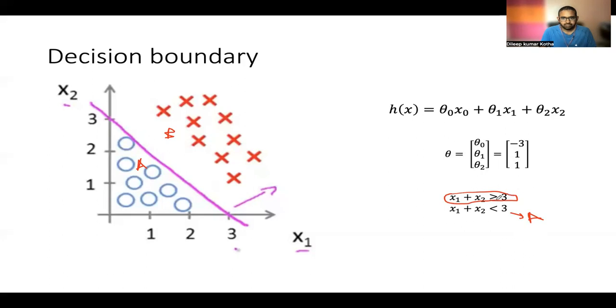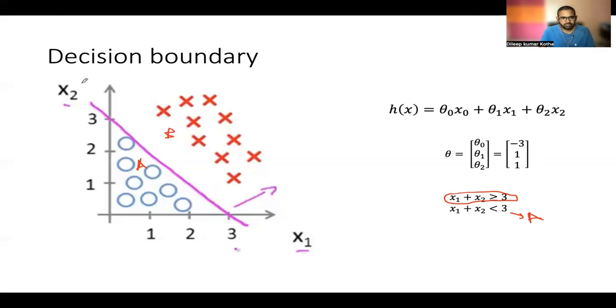Now, if we put x1 plus x2 equal to 3, which looks like a boundary, and plot it, we get what is called the decision boundary. You can assume that hypothesis values will be in a different dimension.